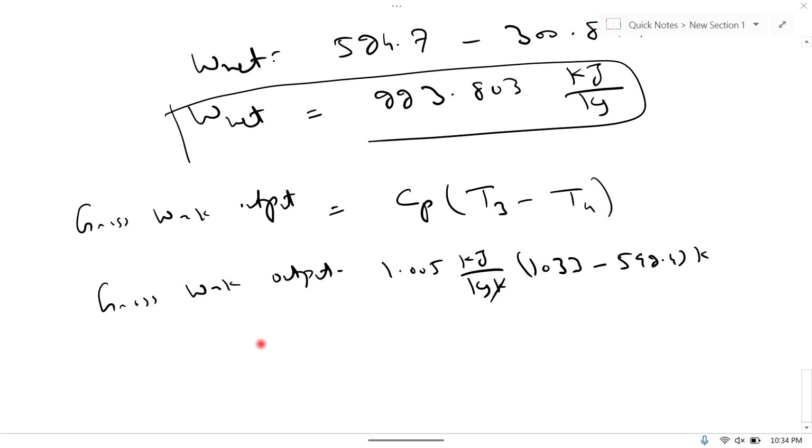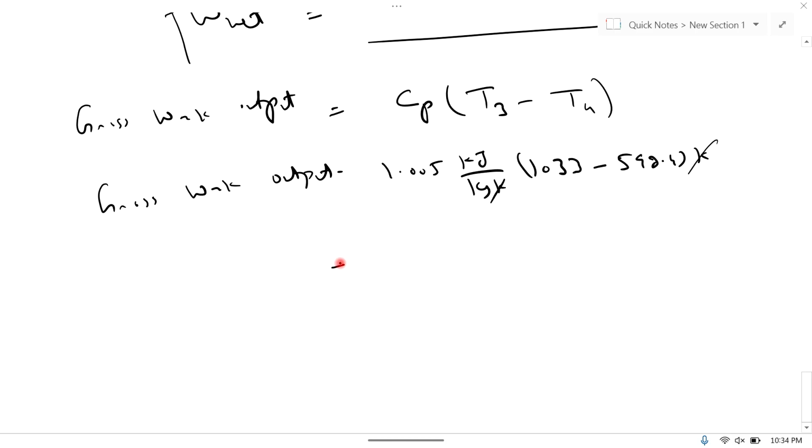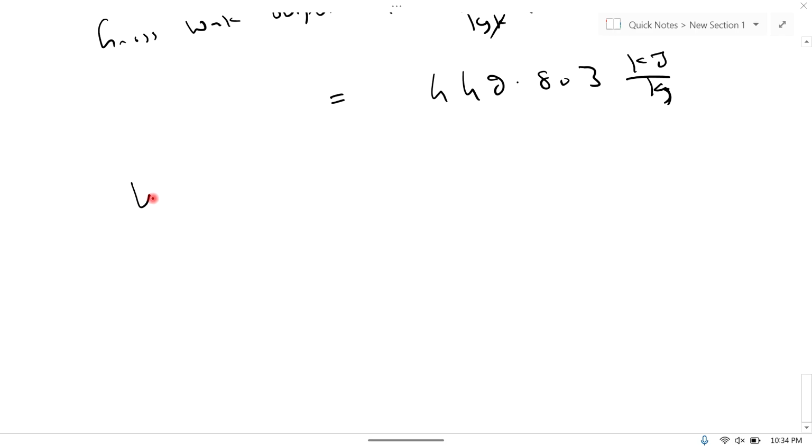Kelvin will cancel with Kelvin, and gross work output will be equal to 442.803 kilojoule per kilogram. Now we can find the work ratio easily.